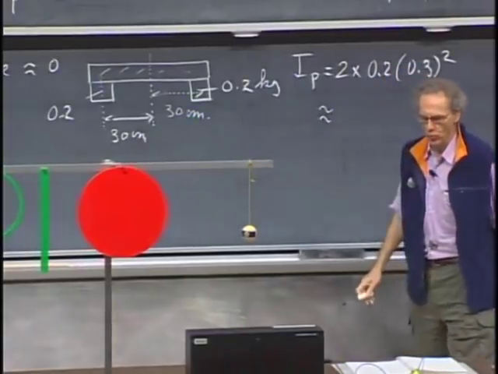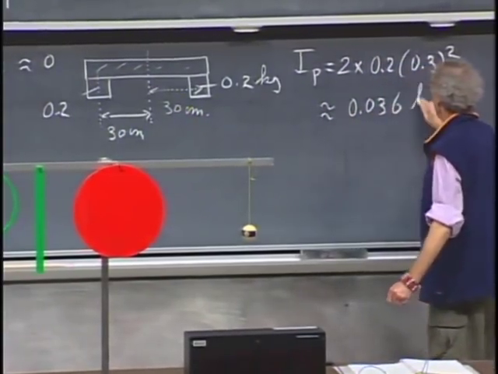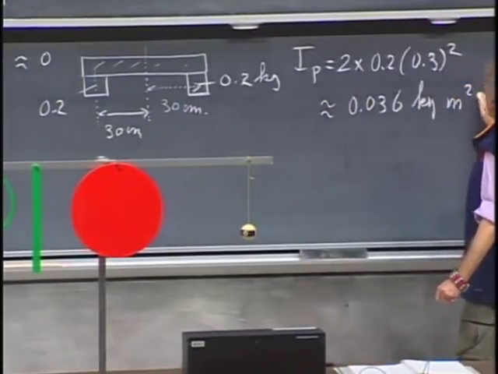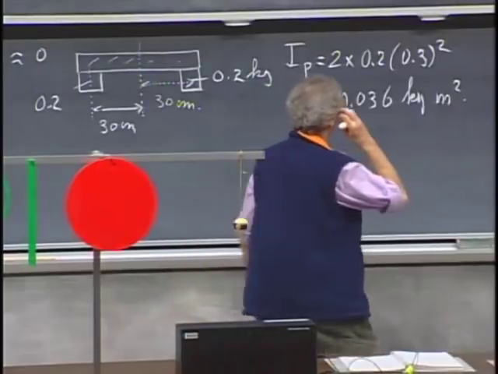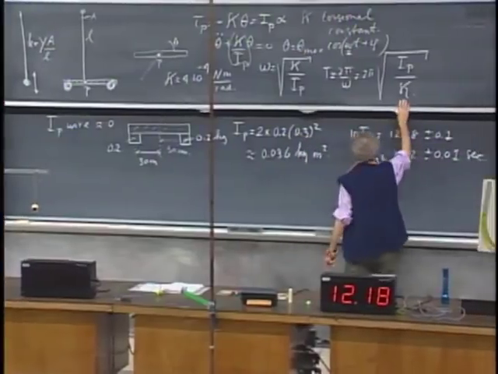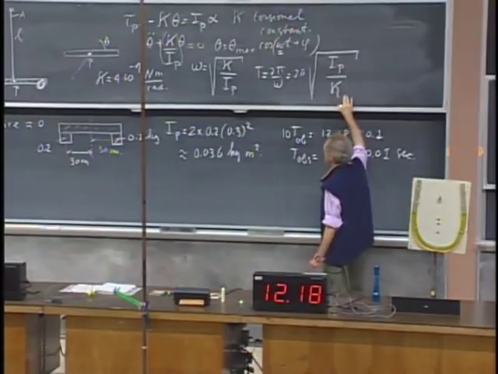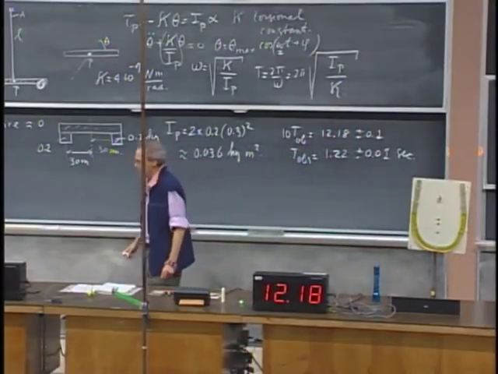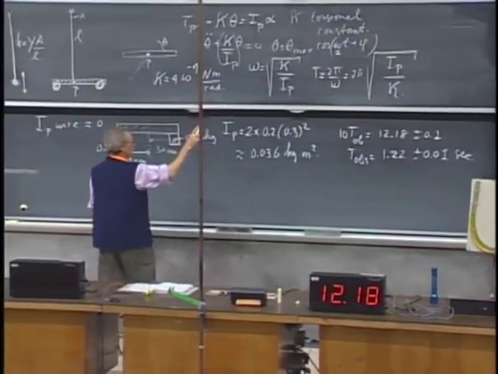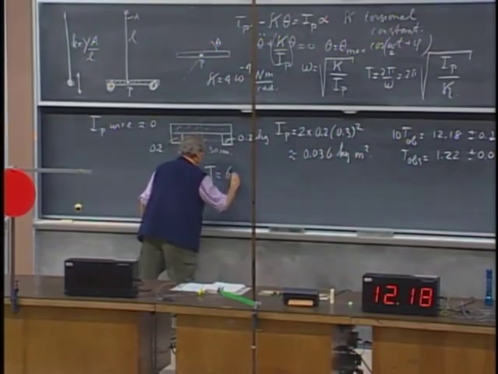And that is about 0.036 kilogram meter squared. And so when I use that in our equation, I know now what kappa is, at least I have a reasonable idea what kappa is, and I know what I of P is, that's almost exclusively determined by that crossbar. I will find then, using that equation, that the period is very close to 60 seconds.